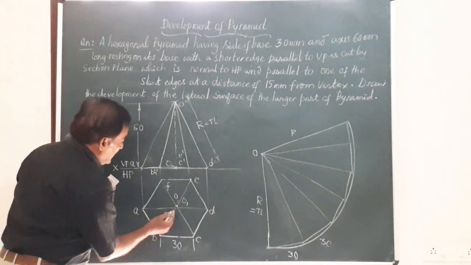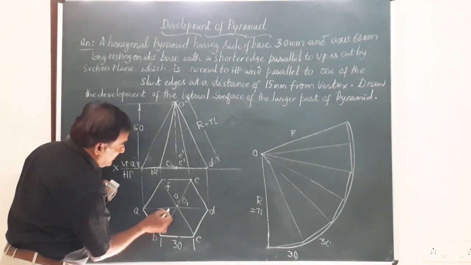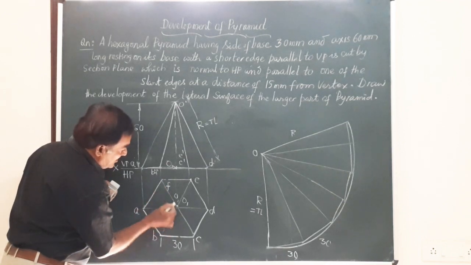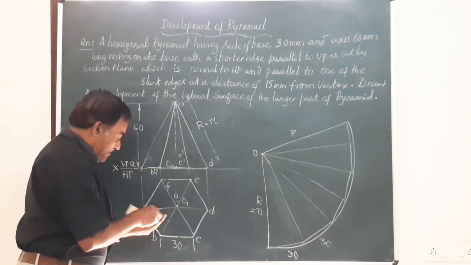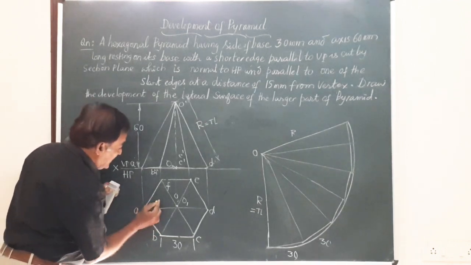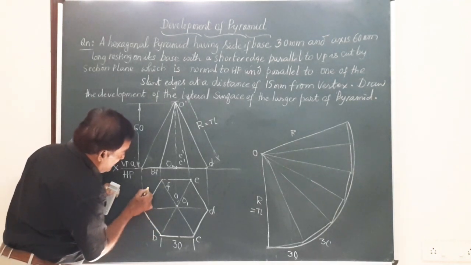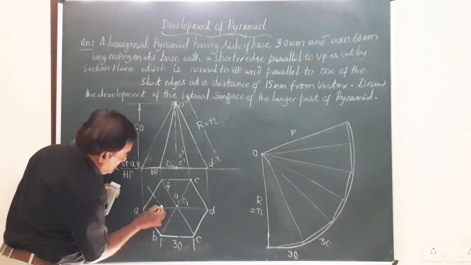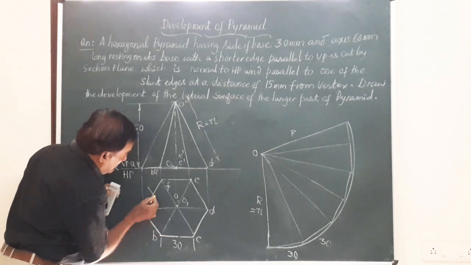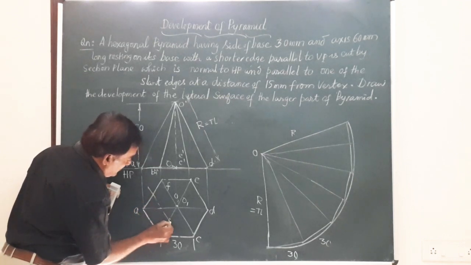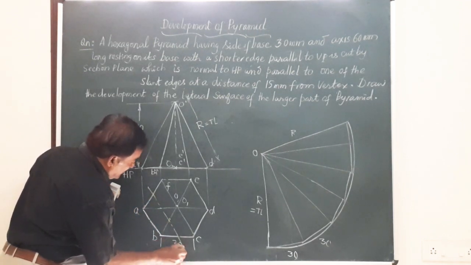So let me take a distance of 15 millimeter from this slant edge OF, and mark a section plane parallel to that, at a distance of 15 mm. So I am marking this at a distance of 15 mm.